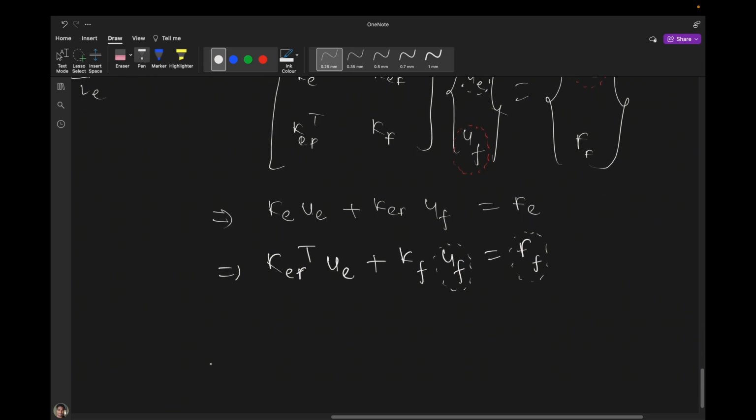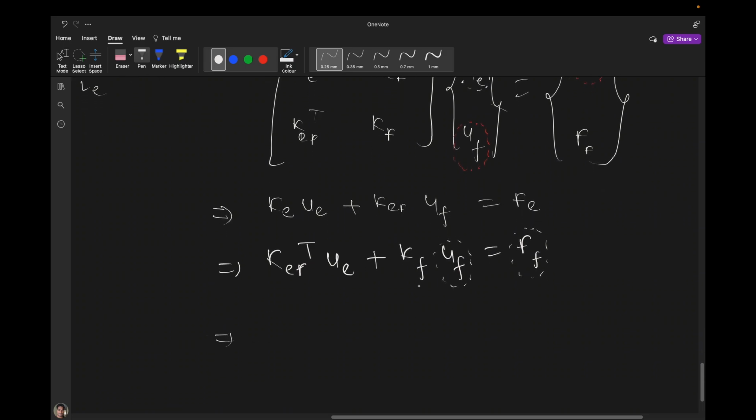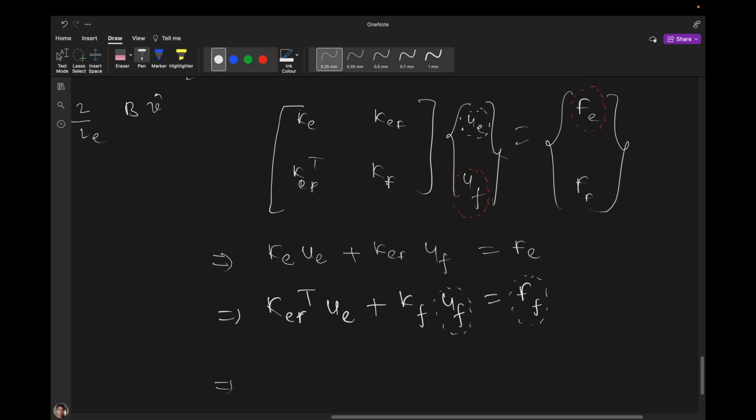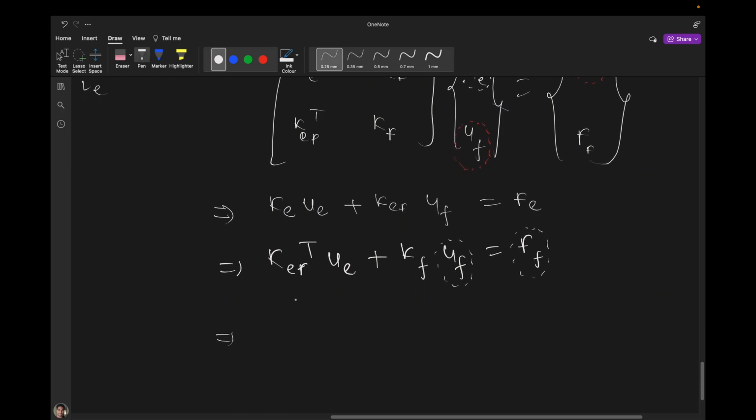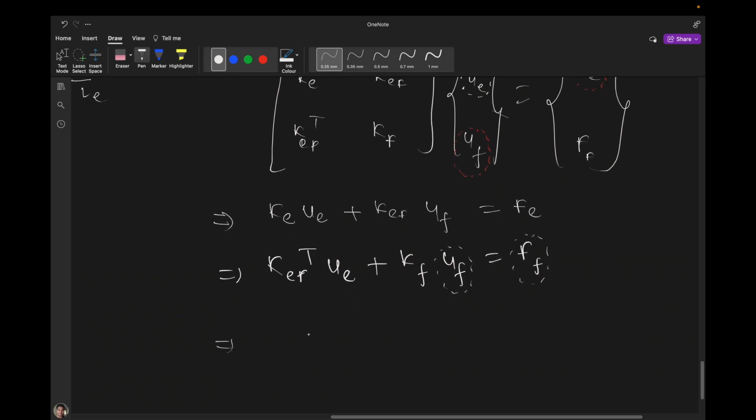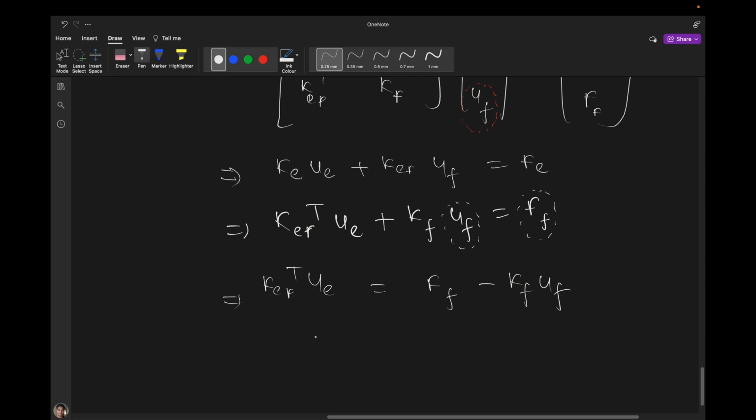Because we have to determine ue, when you move the whole term, ue kef transpose equal to ff minus kf uf, and ue equal to kef transpose inverse times ff minus kf uf.